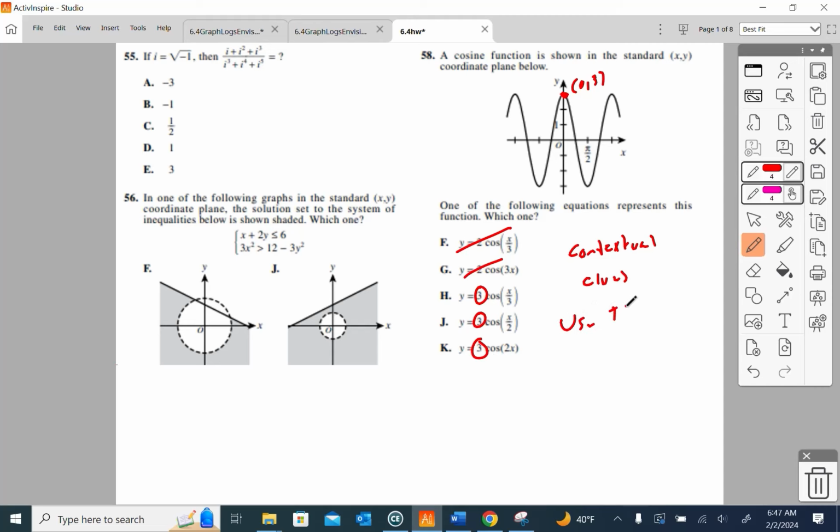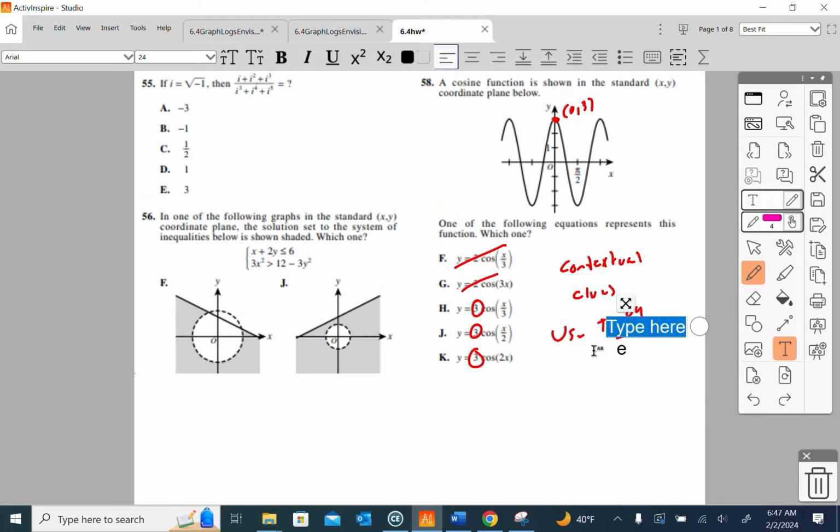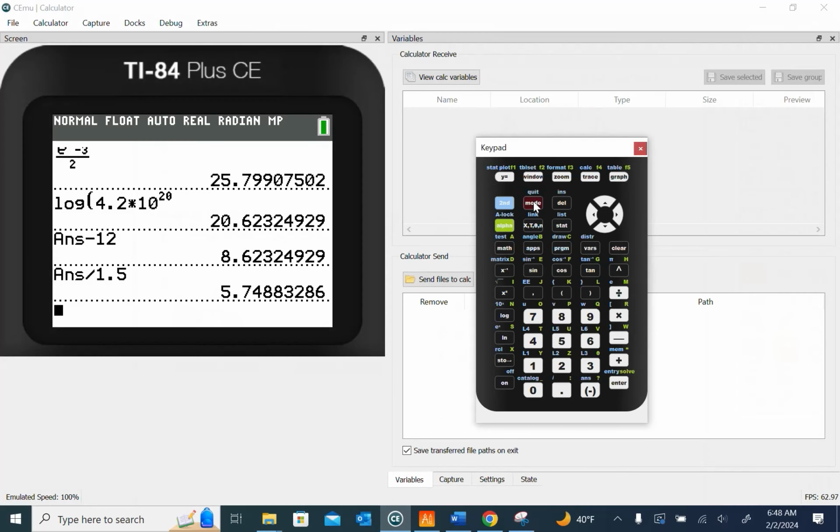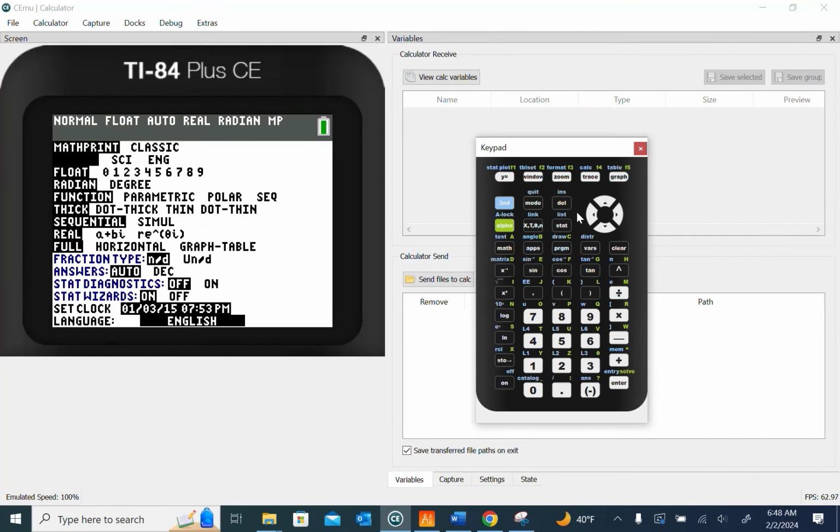Use your TI-84. Obviously, use that thing. You'll have an 84 in front of you. Your TI-84 by default is in radian mode, which is where you need it to be.